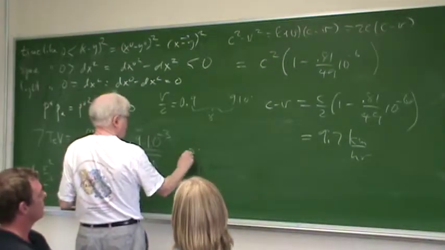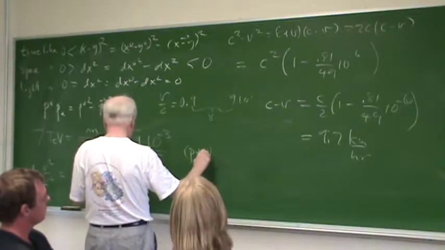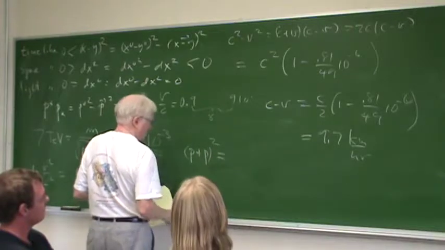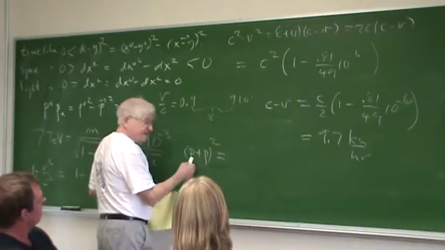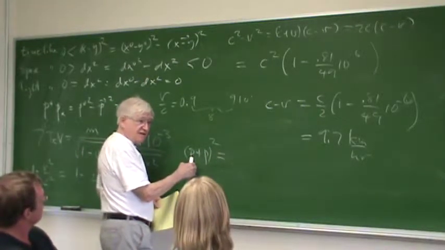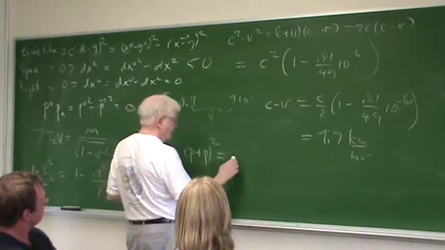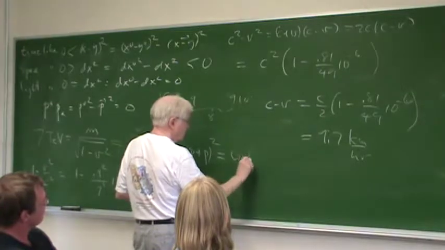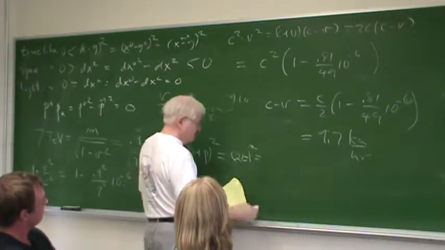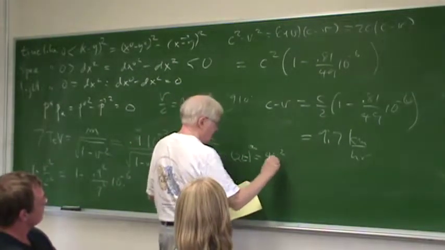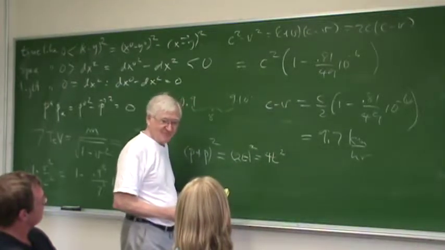So what we do is we use these invariants, P plus P squared. Well, I can evaluate this in the center of mass frame, in which case the free momentum cancels, and that's just 2e squared, and so that is 4e squared, because 2 times 2 is 4.